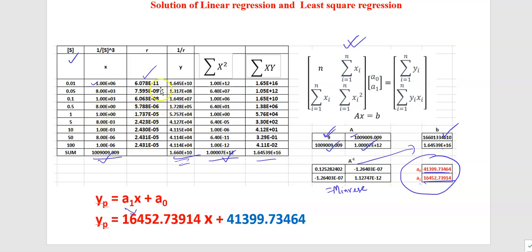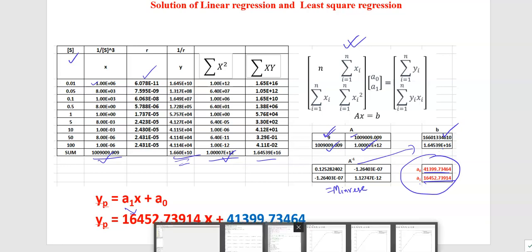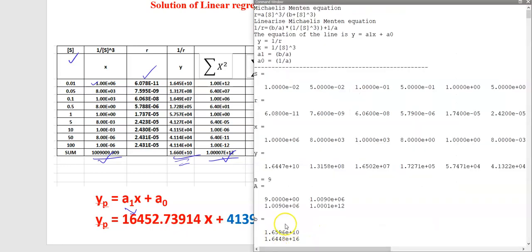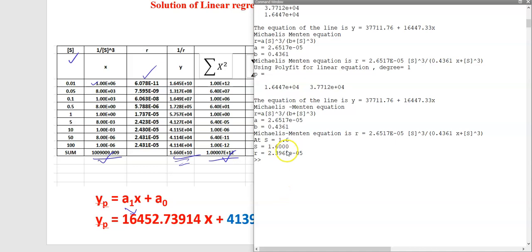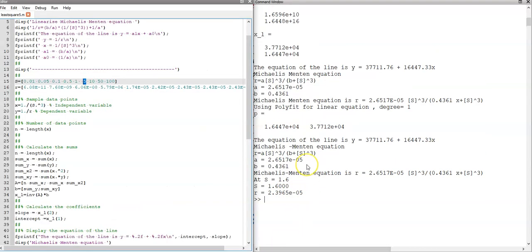For 1, r is 1.737 e to the power minus 5, and for 5 it is 2.423 e to the power minus 5. In between there should be s is 1.6, so whatever we get in MATLAB is the same thing, 2.3965 E minus 05, meaning we get a similar result.